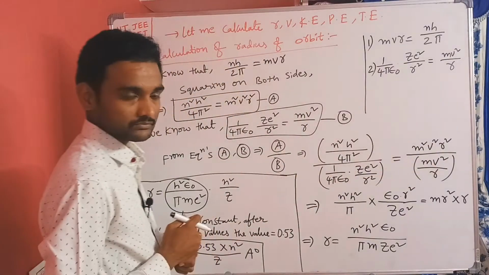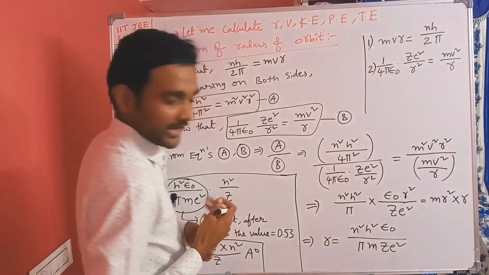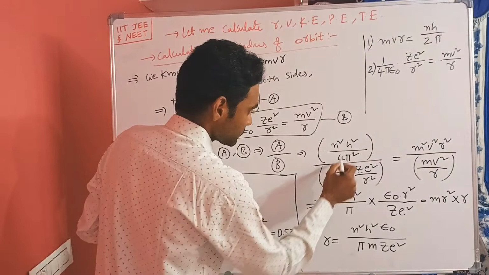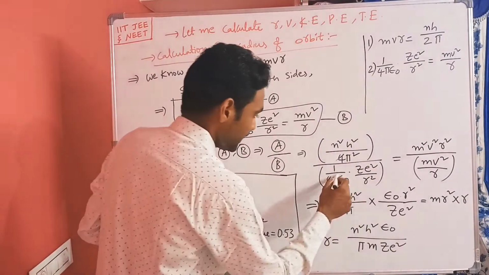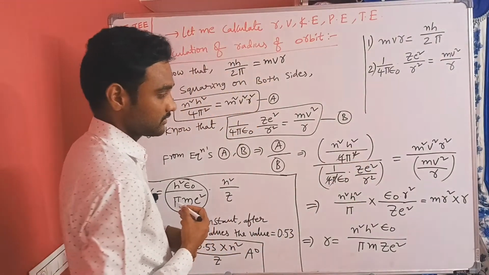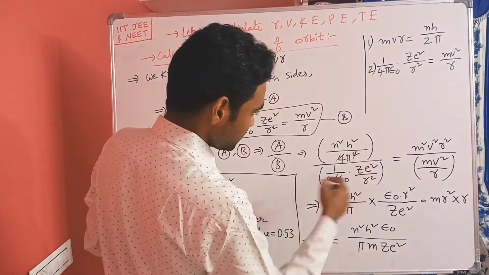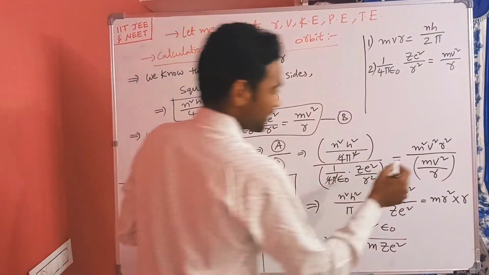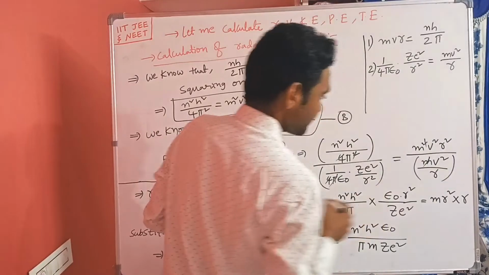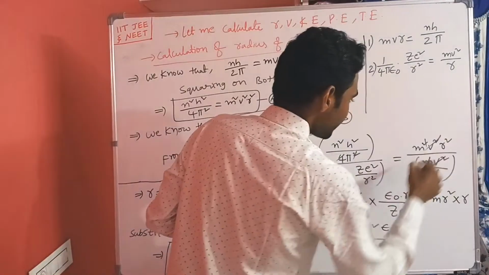Now which things can cancel out? Here 4 cancelled, here pi one time cancelled. Next here m one time cancelled, v square cancelled.